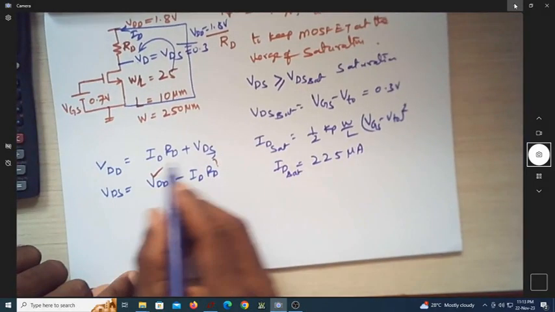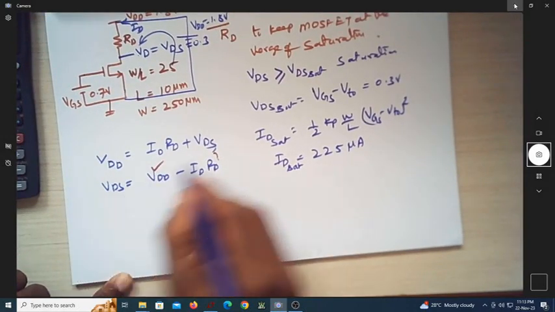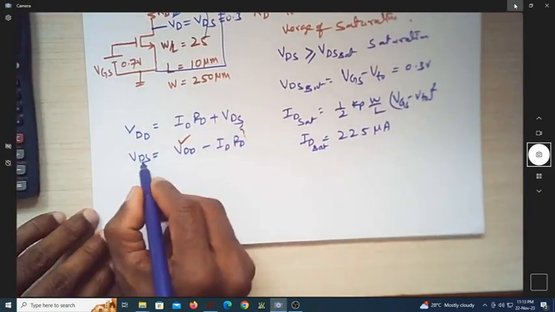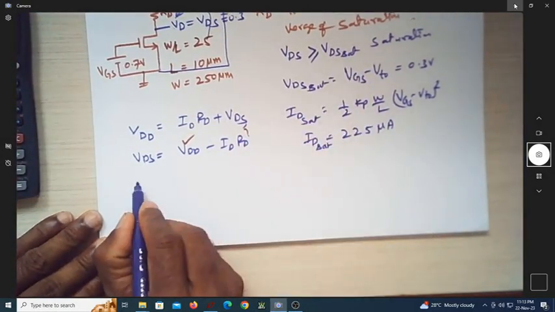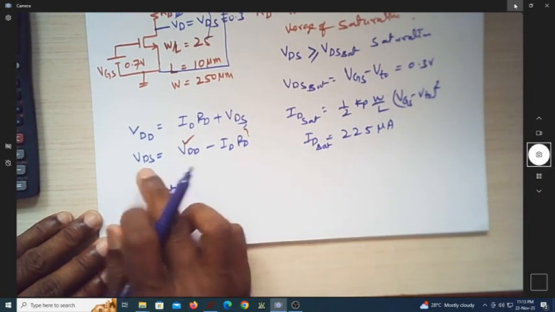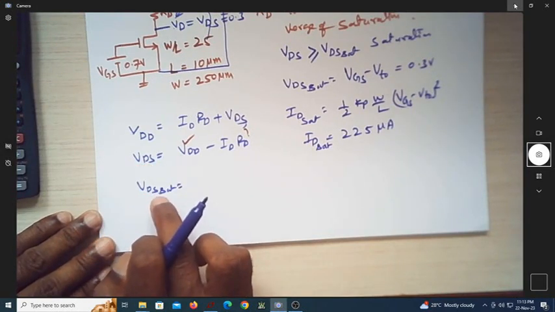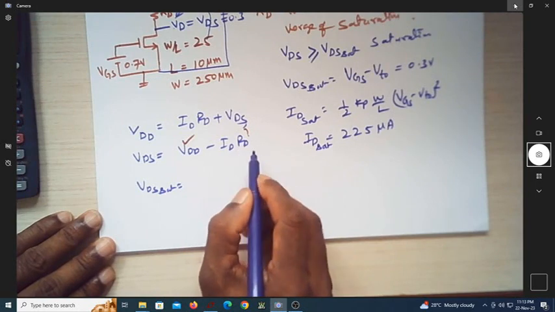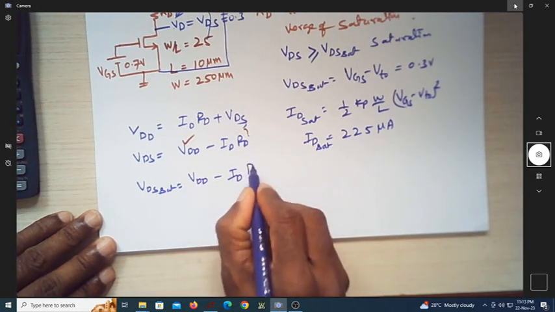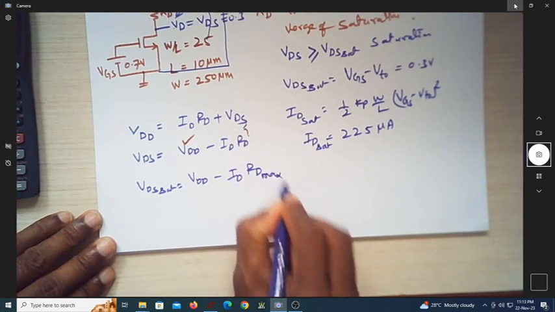Now we know this is the expression for VDS. Since you are looking for this as VDS sat, when I replace VDS by VDS sat, this RD will become RD max. So it is VDD minus ID into RD max.